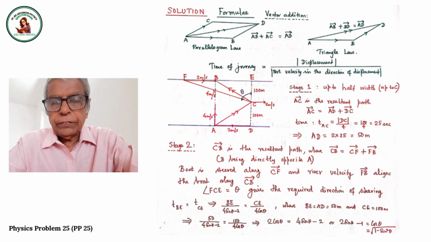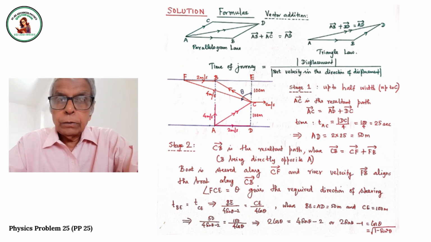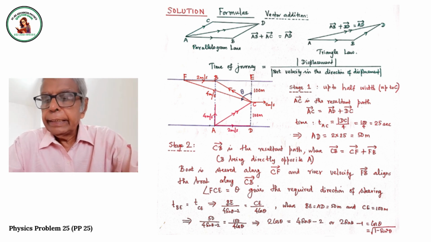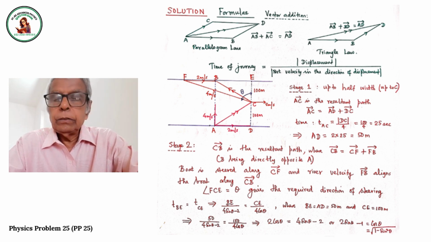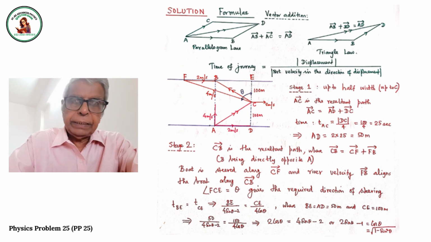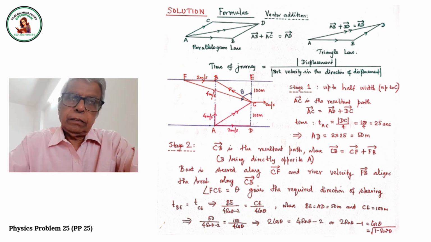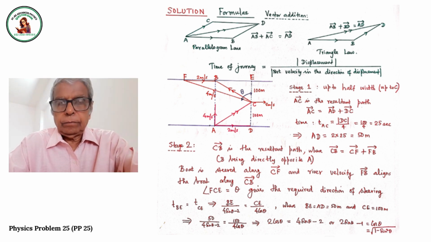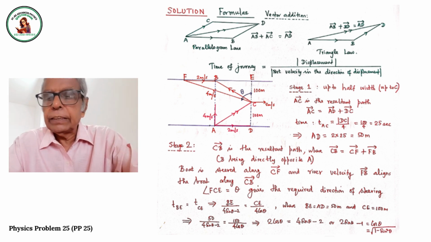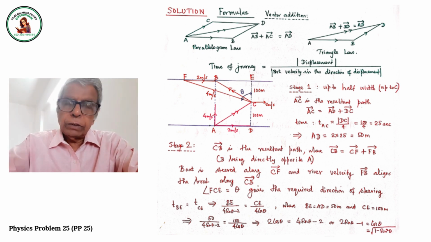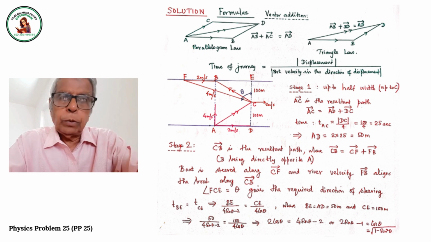So in relative velocity problems, to know the time of journey, you divide the corresponding displacement by the net velocity in that direction. Displacement by net velocity in the direction will give you the time of flight. We have applied this rule for both stages.